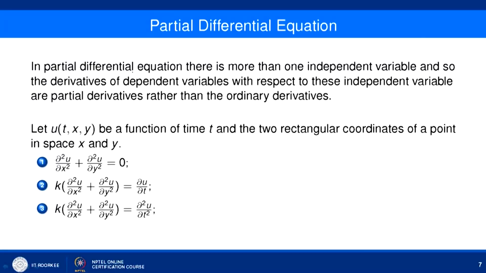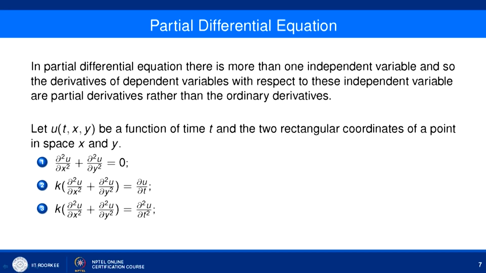But in a partial differential equation there is more than one independent variable, and so the derivatives of the dependent variable with respect to these independent variables are partial derivatives rather than ordinary derivatives. Since the number of independent variables is more, if we consider any function of these independent variables and take derivatives, they come out to be partial derivatives.